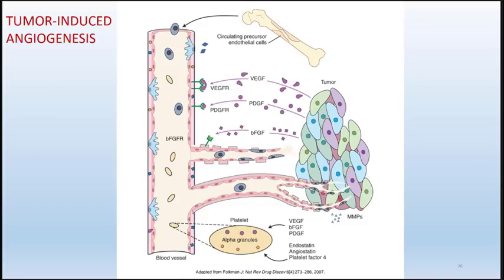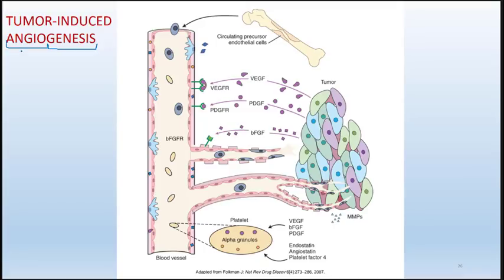Let's spend a few minutes talking about tumor-induced angiogenesis. First of all, what does angiogenesis mean? Well, genesis is formation of. Angio refers to blood vessels, so this is the formation of new blood vessels. And tumor-induced means that the tumor itself is creating its own blood vessels.